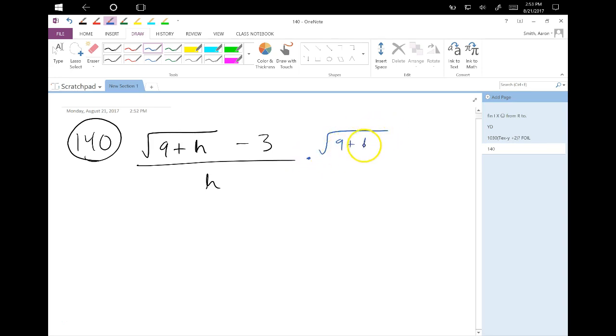So I'm going to multiply by the conjugate, like I briefly mentioned in class. Multiply by the conjugate in the top and bottom. Now when I do this, I need to FOIL in the top and bottom.